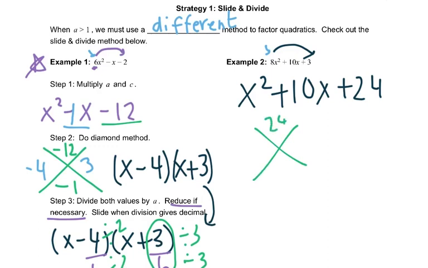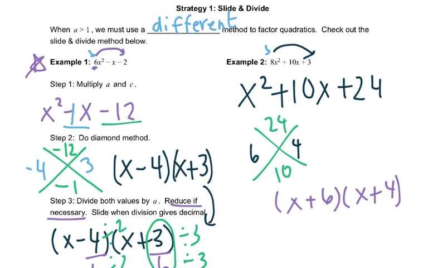So 24 goes on top, 10 goes on the bottom. We find out that the 2 numbers we're going to get are 6 and 4. Okay. Then we're going to draw our factored form here. X plus 6, x plus 4.